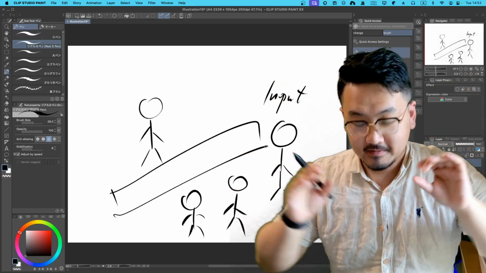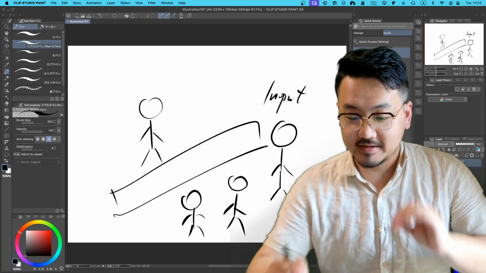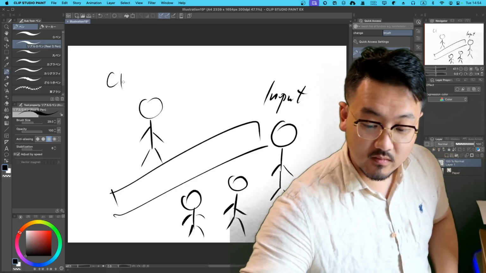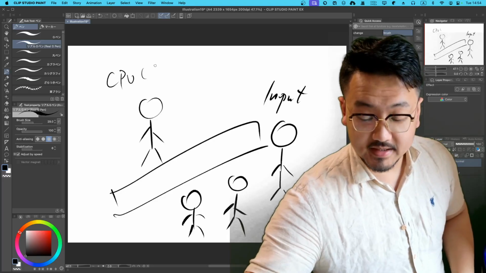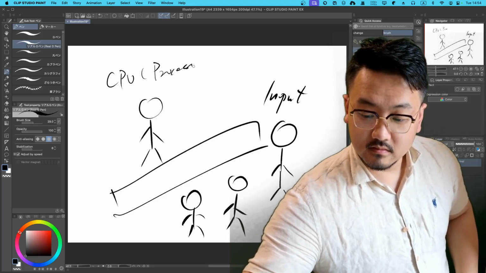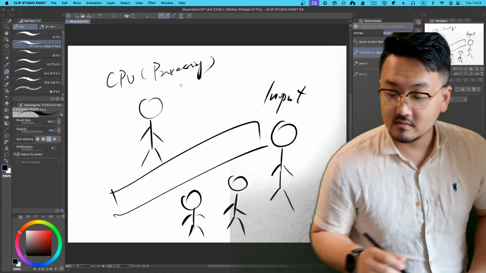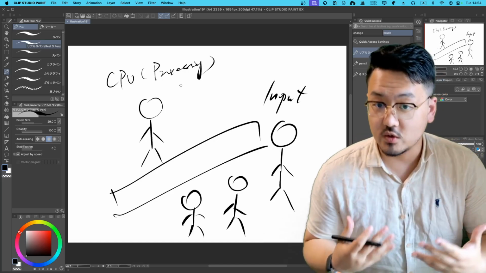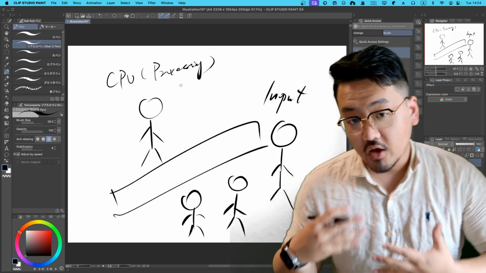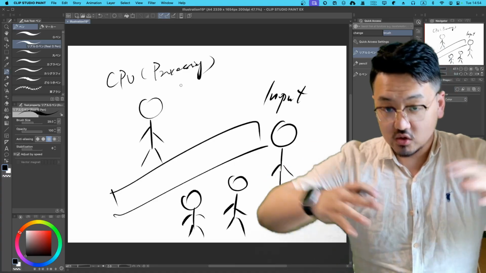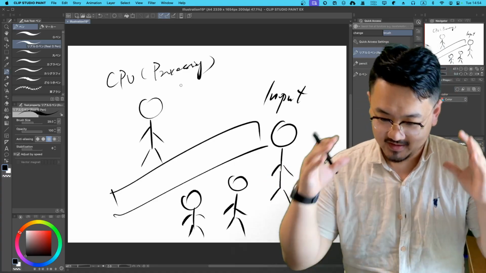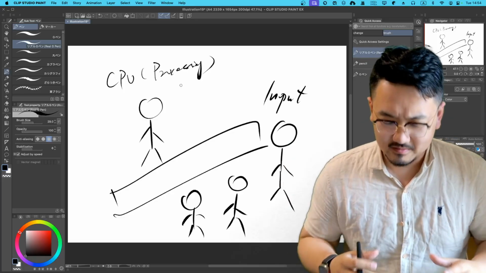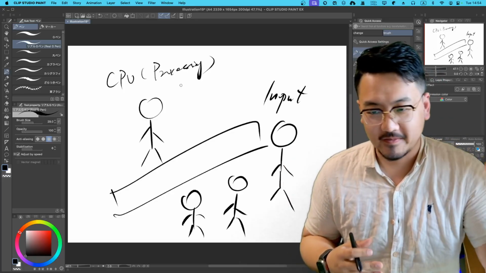So this is the CPU, mainly for processing. All this input will be a series of instructions, and in order to carry out instructions, we need to do the calculation. Okay, that's the bartender, for processing.